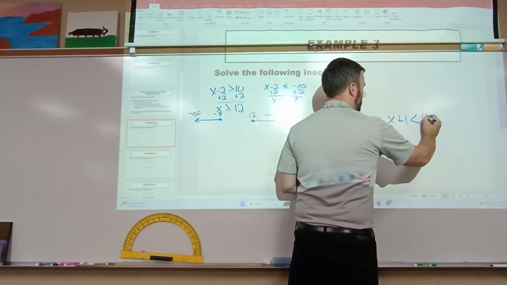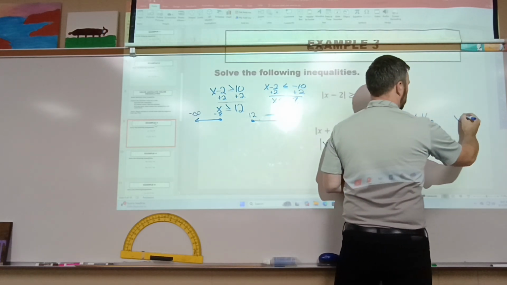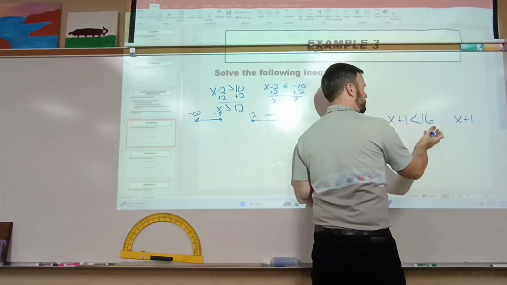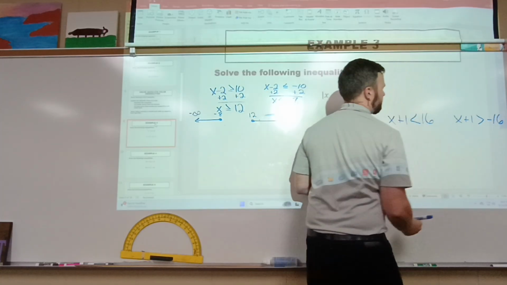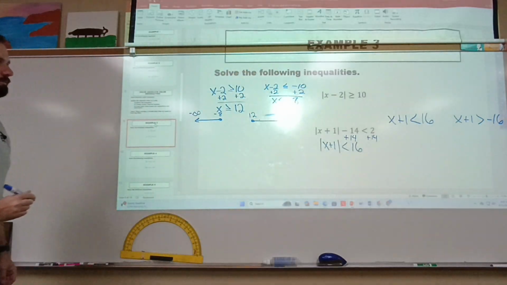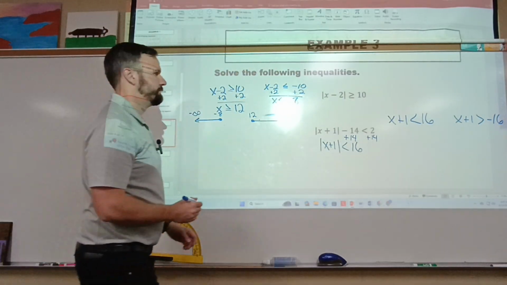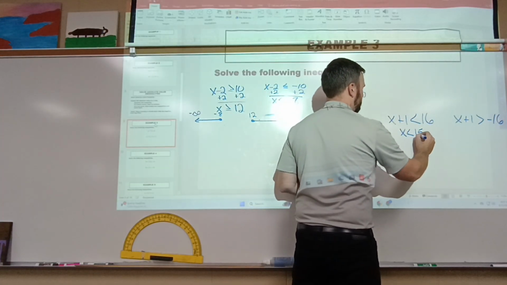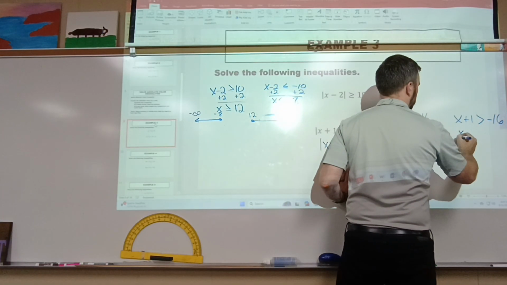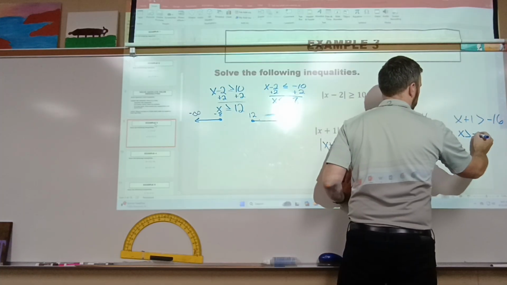Keep it the same and make it different. So flip it, negate it to a negative. Okay? So I get x is less than 15. X is greater than negative 17, right?